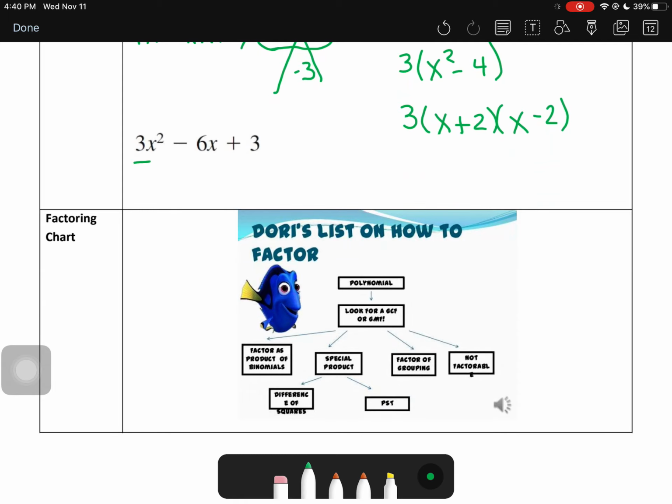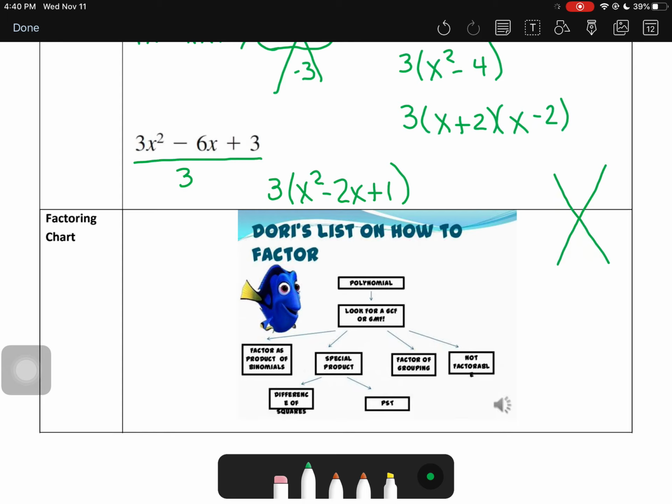In our next example, we have a greatest common factor of 3. So we have 3, and we have x squared minus 2x plus 1. It is a special pattern of a perfect square trinomial, but it is also easy to do with our x.